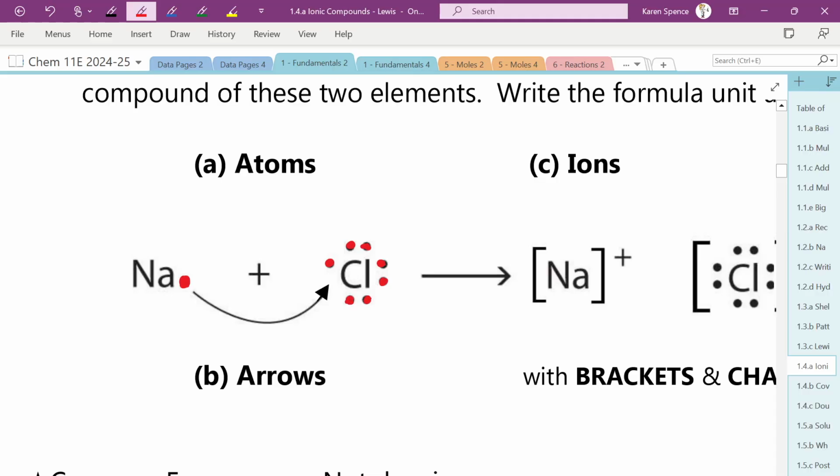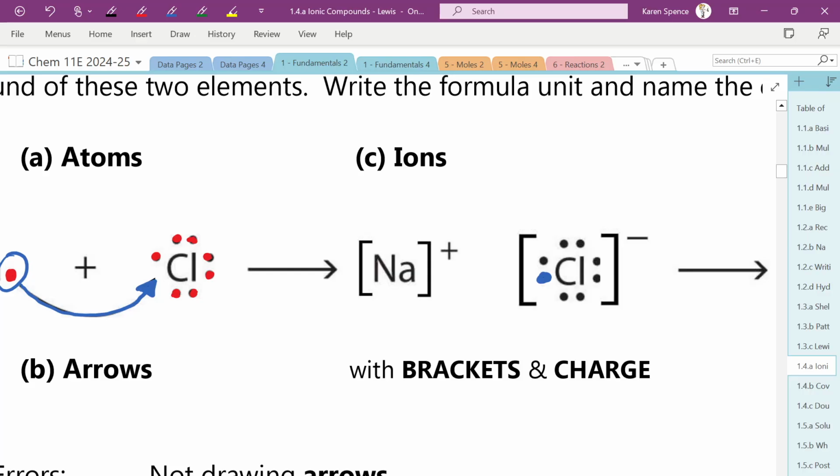And in order for them both to have full shells, sodium is going to donate one of its electrons to chlorine. Yes? So this electron here moves over here, and now chlorine has a full octet of 8 electrons, and sodium has none.